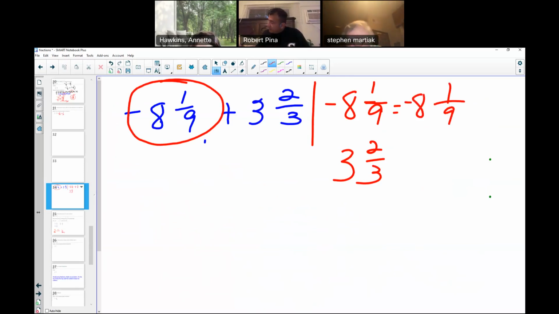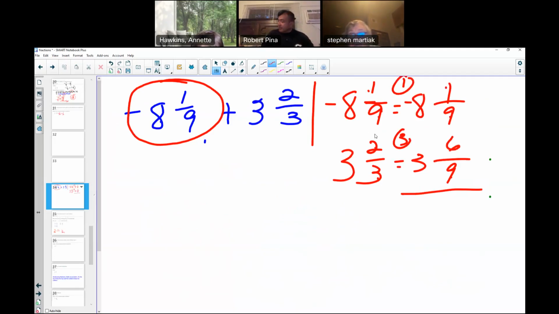So that's 9 going into 9 one time. 1 times 1 is 1. 3 will go into 9 3 times. 3 times 2 is 6. What do we make of this? What do we do here? You're going to be negative 5.